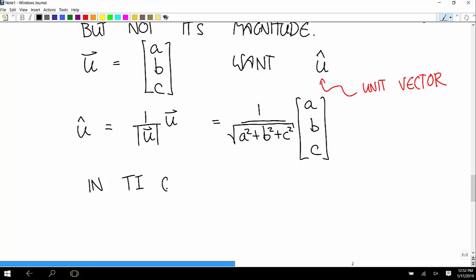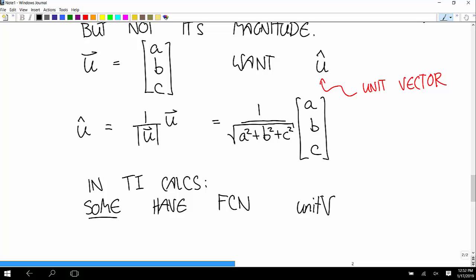In TI calculators, some TI calculators have a function called unit and then capital V. And that'll do all this for you, so you don't have to enter anything in.